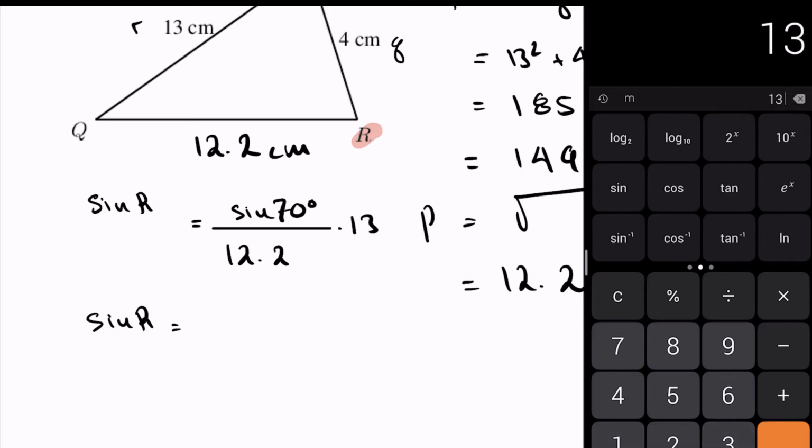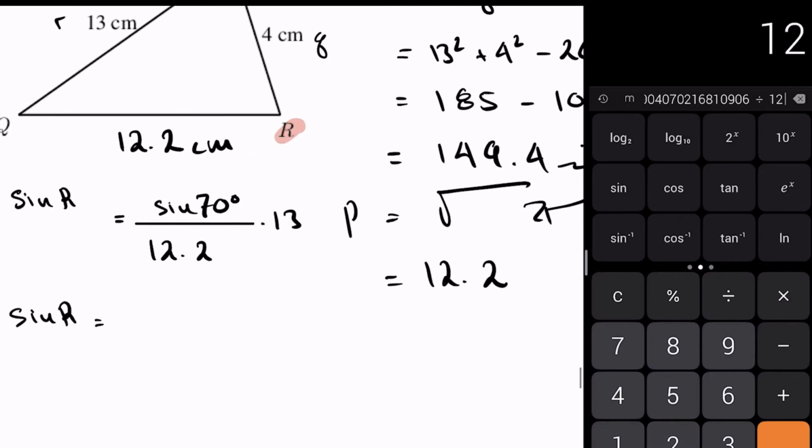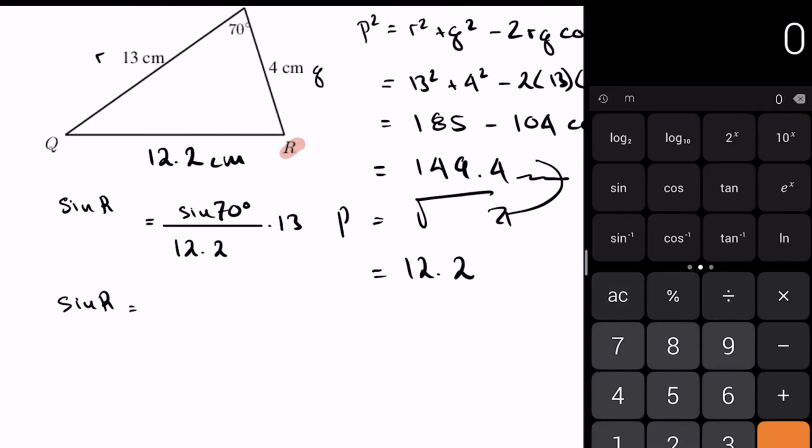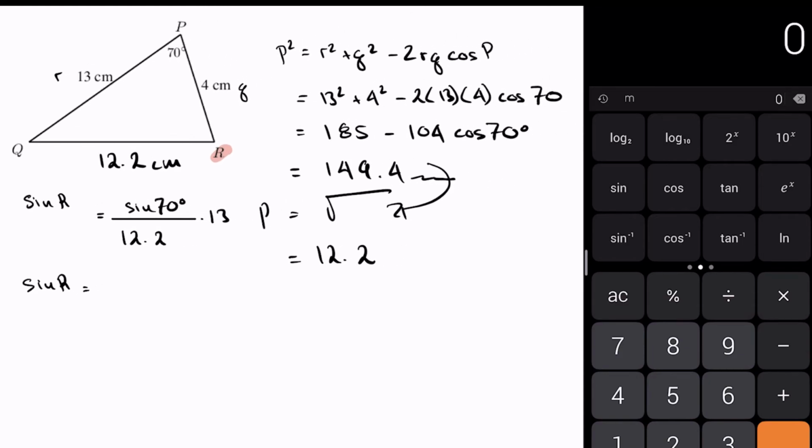We do this, 70 sine times 13, and we're going to divide that by... I think I needed some more decimals, so I'm going to have to go back here for a sec. So let's do this again.